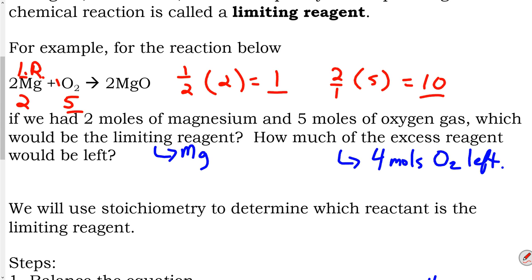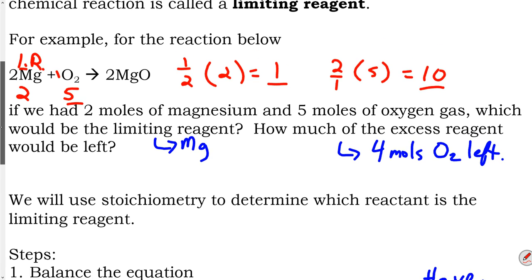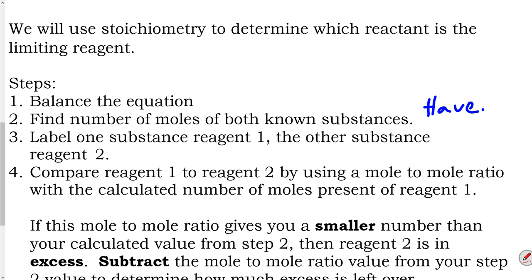The steps for these are always the same. Balance the equation, okay? That doesn't change. Calculate your moles for both. Label reagent 1 and reagent 2, and then compare the moles, just like we did before.